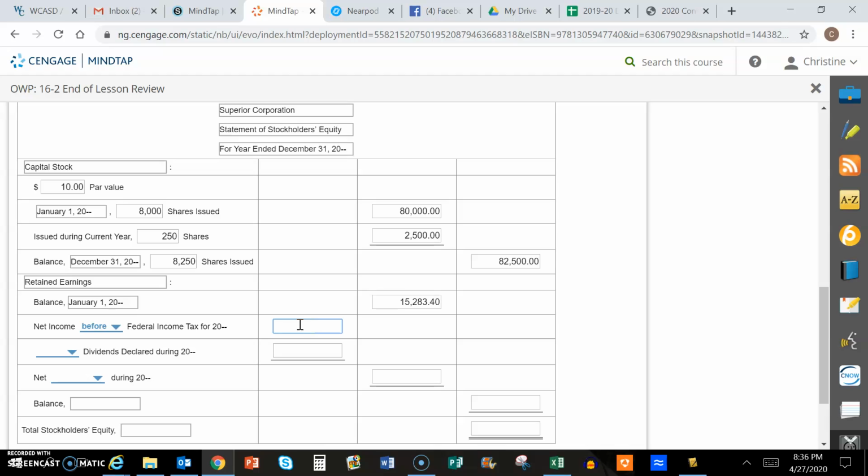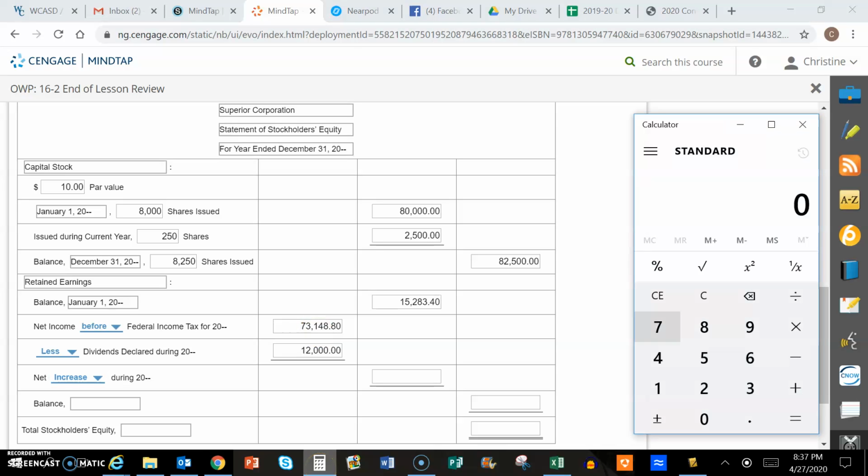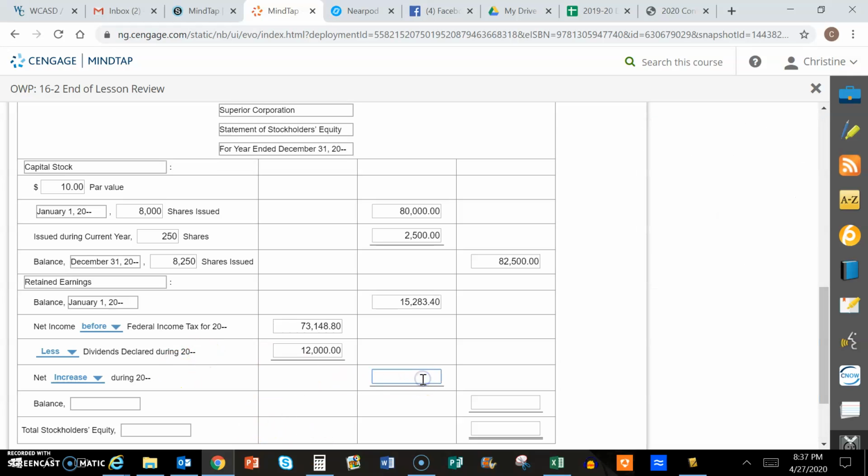That was 73,148.80. Then dividends declared, because this is money that is not going to be retained, it's going to be sent out to your stockholders. That was 12,000. Your net increase is the difference between these two: 73,148.8 minus 12,000 equals 61,148.8.